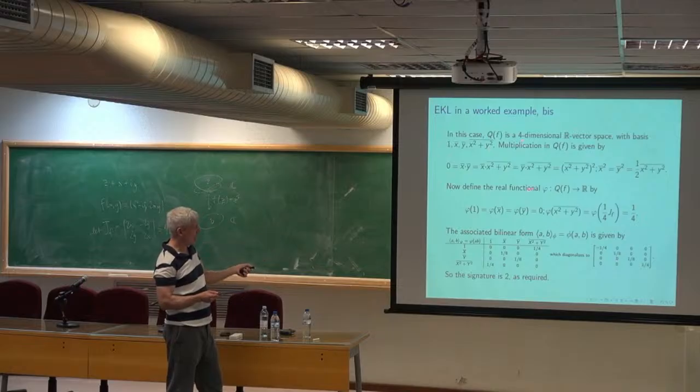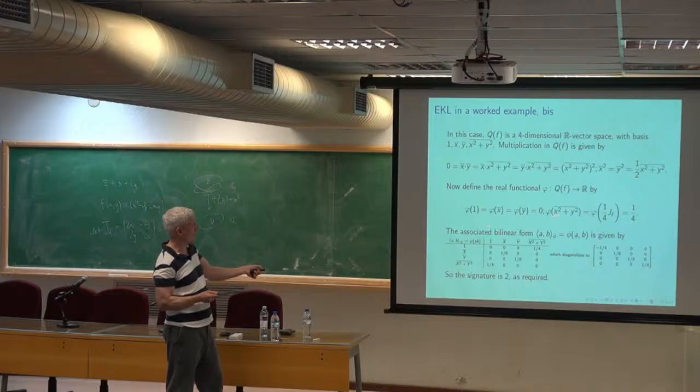So now, how do we define the real functional that's going to induce the bilinear form that allows us to compute the topological degree? Well, you just set its values on a bunch of the basis elements to be 0, and then you're only required to map the Jacobian to 1, which fixes the value on the residue of x squared plus y squared.